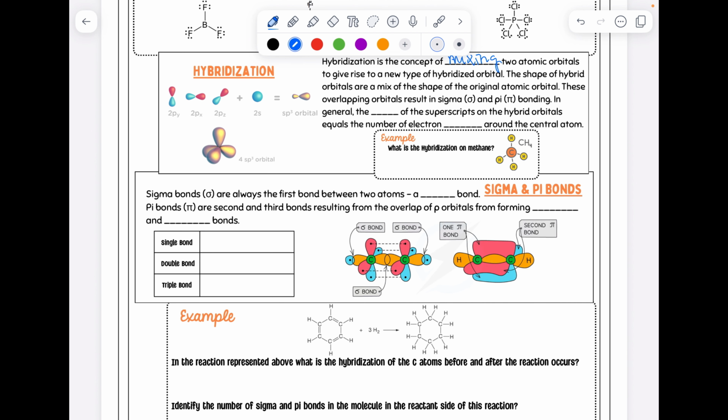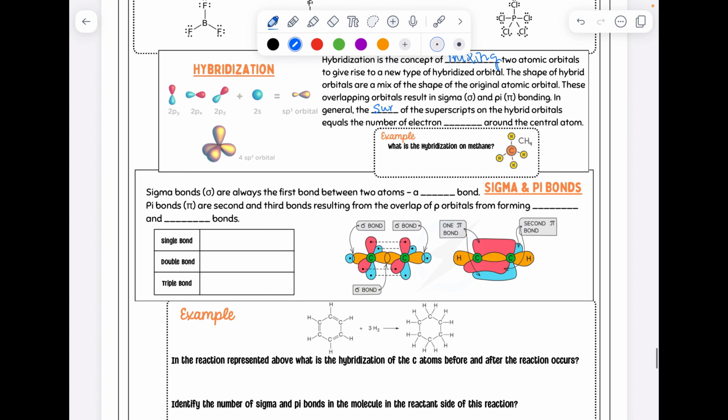In general, the sum of the superscripts on the hybrid orbitals equals the number of electron domains around the central atom. So we can have hybridizations of, for AP purposes, sp. We can have sp2, and we go up to sp3, and that's the most you'll need to know.